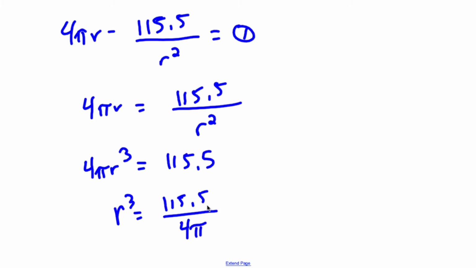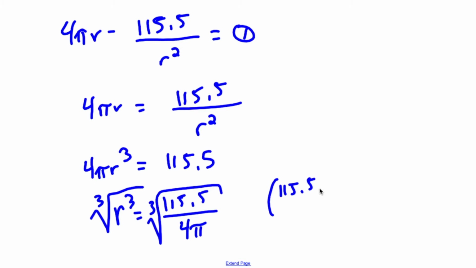And then this you can enter in your calculator. You do your cube root here, which on your calculator, there is not a cube root button. You have a square root button, but for the cube root, the way you're going to enter this is 115.5 divided by, I would put the 4 pi in parentheses like that, and then raise that to the 1/3 power.